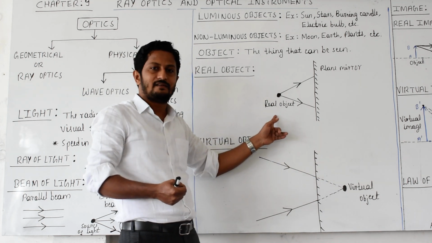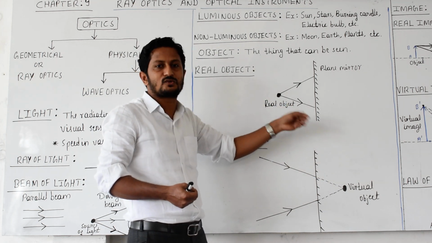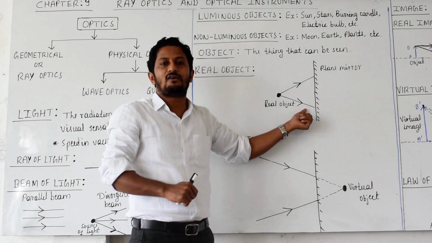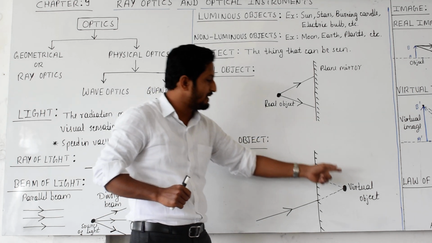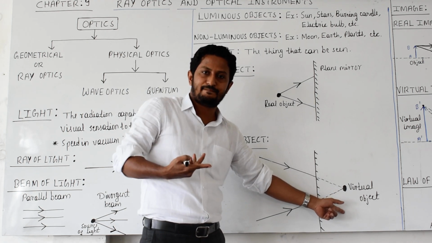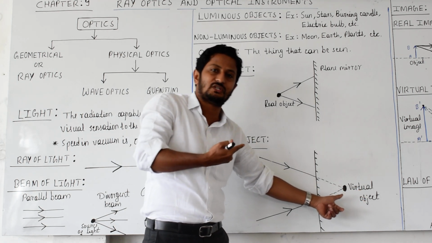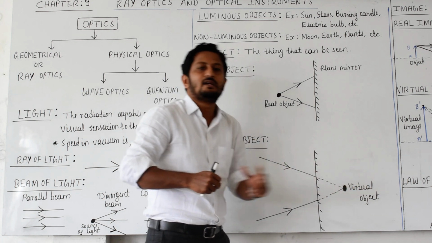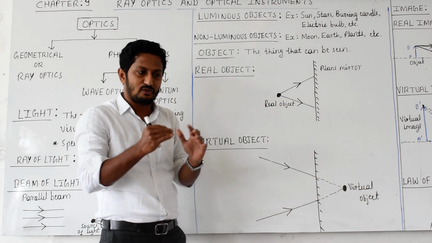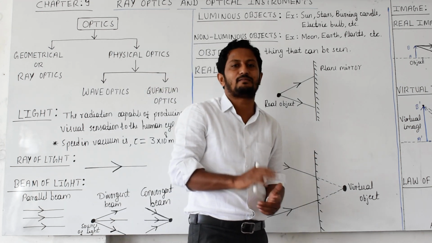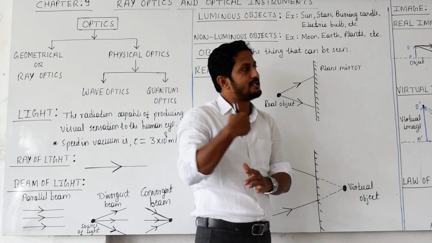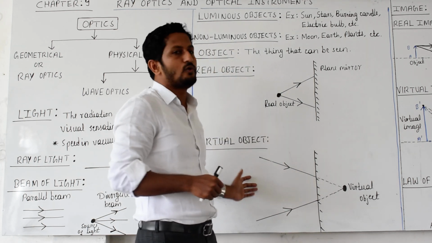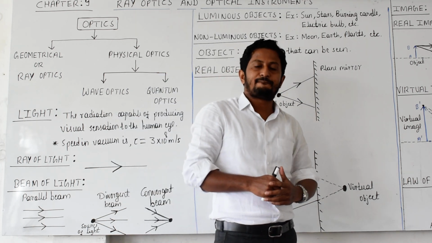But for a real object, light rays are actually coming, so we call it a really existing object. For a virtual object, it's our imagination, so we call it virtual. Virtual means it looks like being there, but actually it is not present over there. Have you understood? Yes. This is about the object.